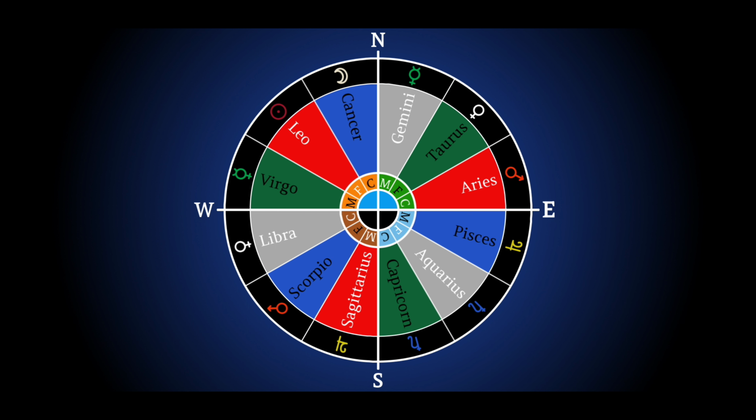Now, even though all of these signs exist in relationship to its opposite counterpart, there's 6 different pairs, and one of those pairs is foundational. It is the foundational axis, because that's what we call these pairs, an axis.